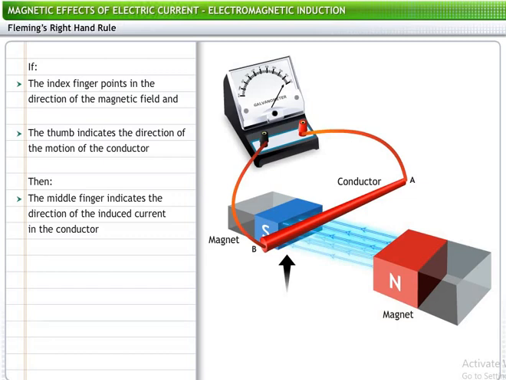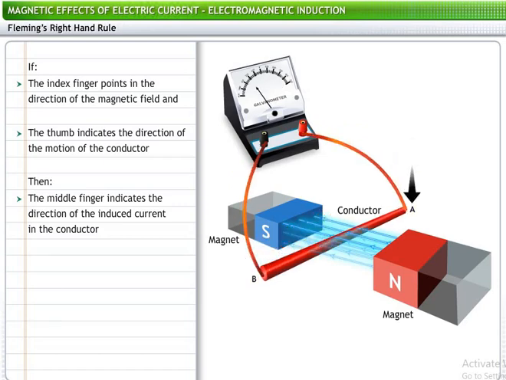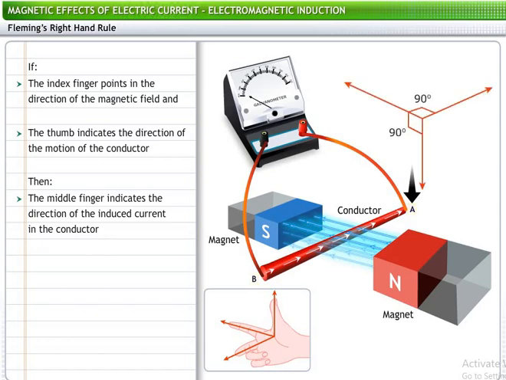This rightward deflection indicates the direction of the current in the conductor from end A to end B. If you move the conductor downwards in the magnetic field, the galvanometer needle deflects to the left. This indicates the direction of the current in the conductor from B to A. Thus, you can see that the direction of the magnetic field, the movement of the conductor, and the induced current are at right angles to each other.